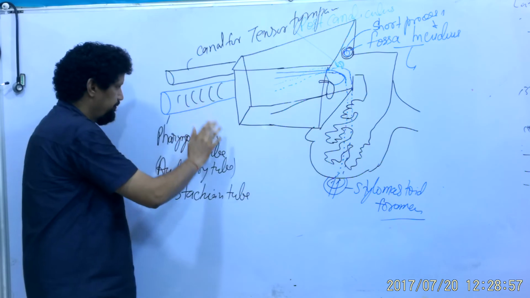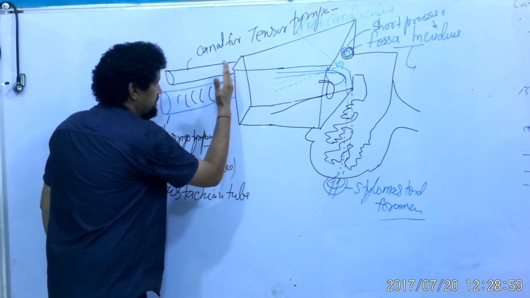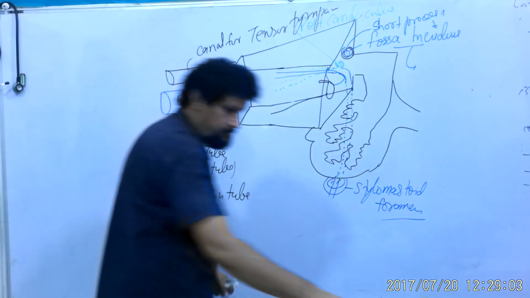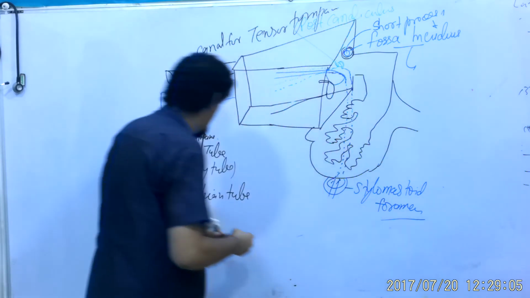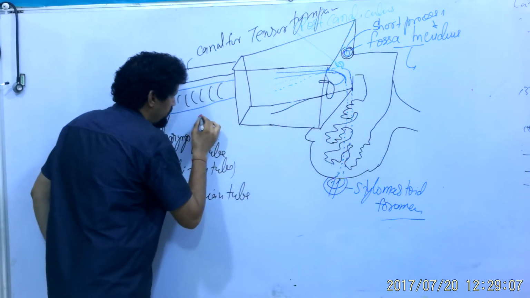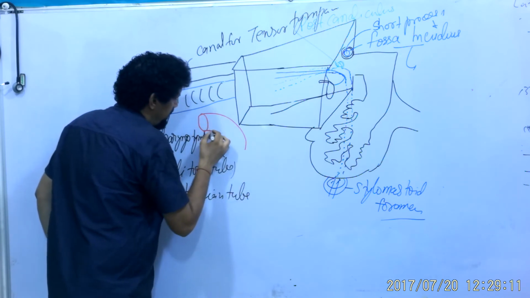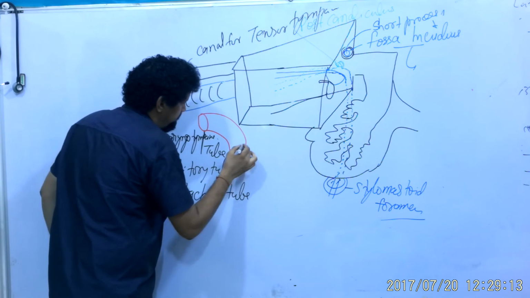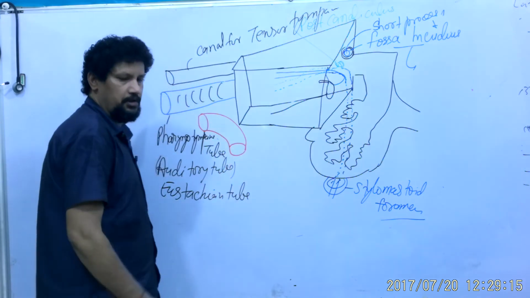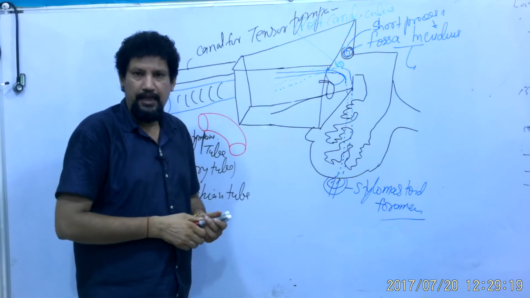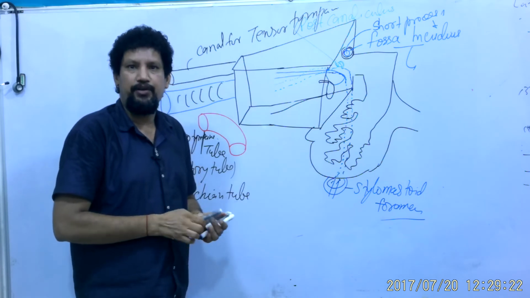Below this tube, the anterior wall is related to an artery. The lowermost part is related to an artery. This artery is known as the internal carotid artery.